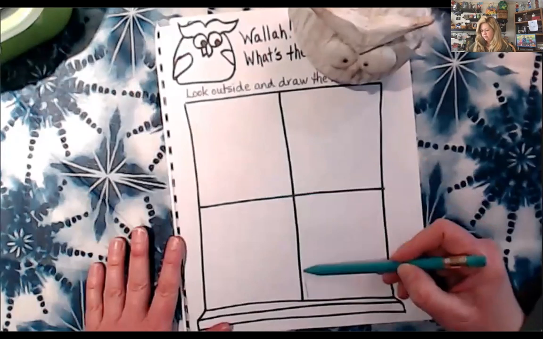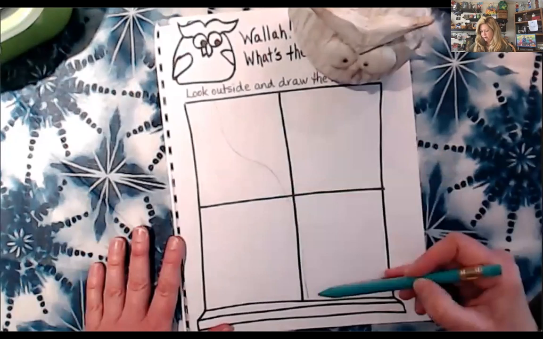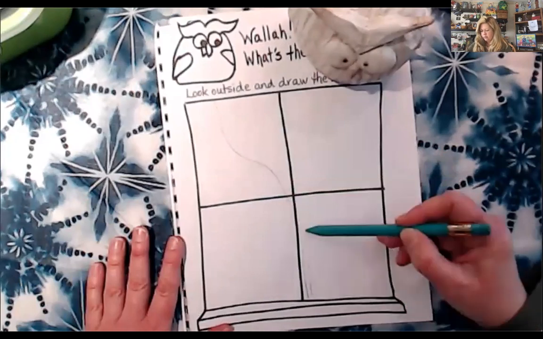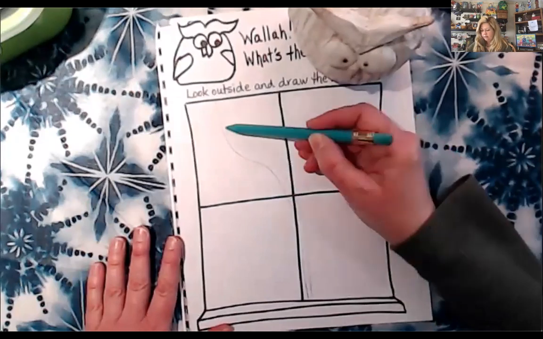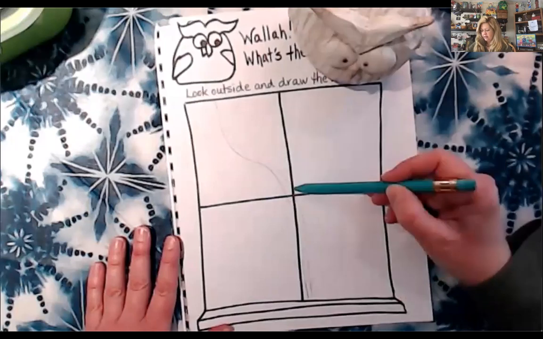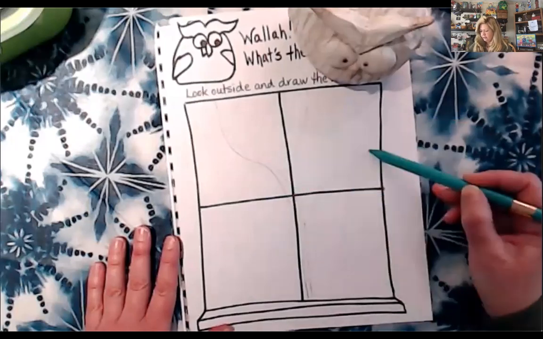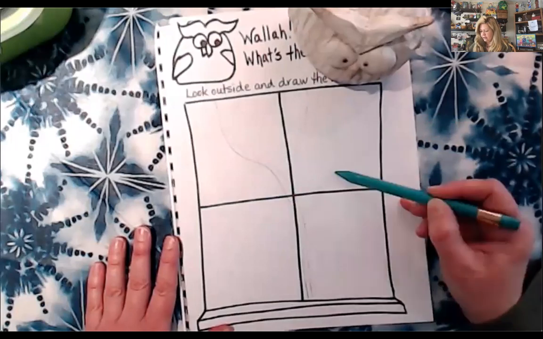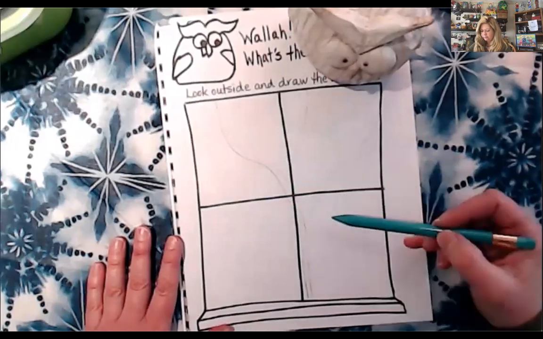So I'm just going to brush in a bit of this tree that's right out front. Now we can tell it's winter because this tree doesn't have any leaves on it right now. It's pretty bare. When I'm cooking or washing dishes, I really love this window because sometimes I can find a bird resting in these branches.